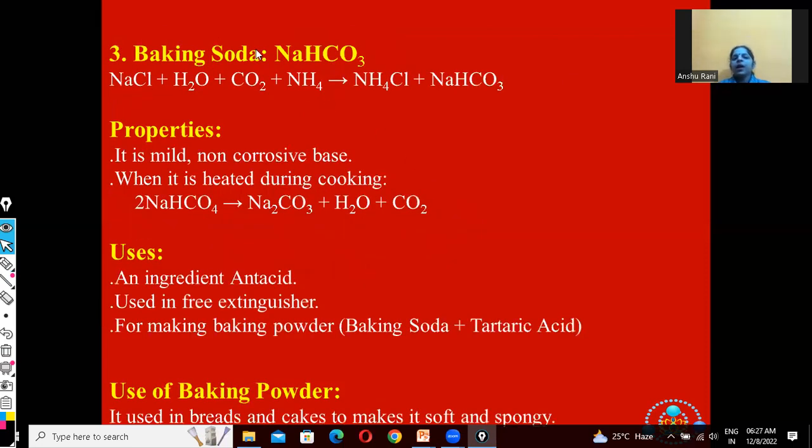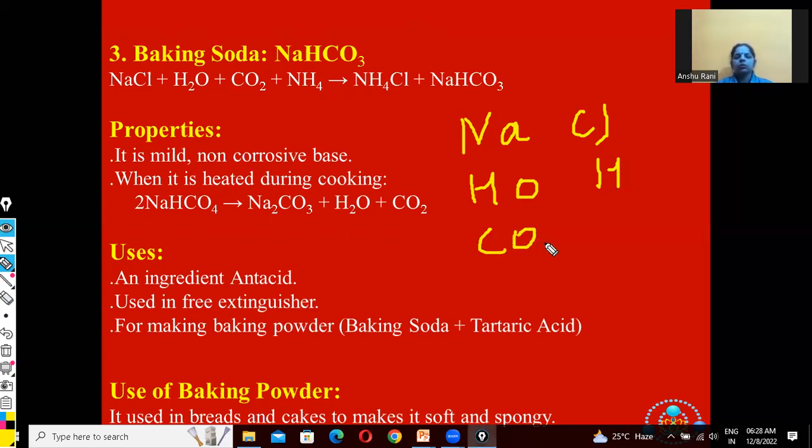Then we have NaHCO3. It is baking soda. Baking soda is prepared by the reaction of sodium chloride with water, carbon dioxide, and ammonia. This reaction can be explained like this. We have NaCl, then H2O, then carbon dioxide and ammonia, NH3.